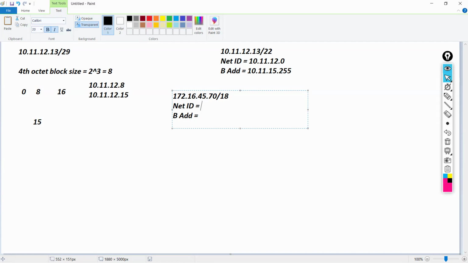Correct. So that means the first network is 0, the second is 64. So this will fall in the first range itself. Why? The interesting octet is the third octet. The value is 45.